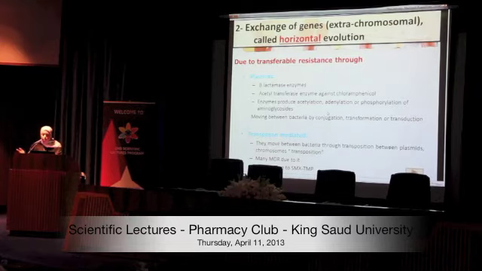The transposable genetic elements jump from the plasmid to the chromosome, and from the chromosome to the plasmid, so they can jump from one bacteria to another as well. Plasmids are very interesting extrachromosomal DNA that transfer resistance.